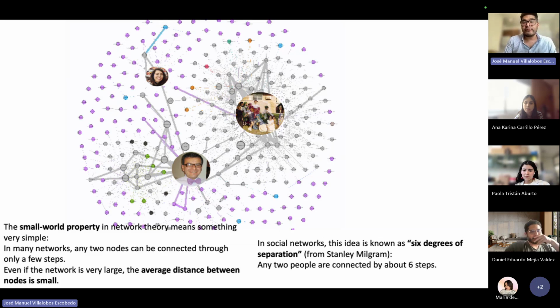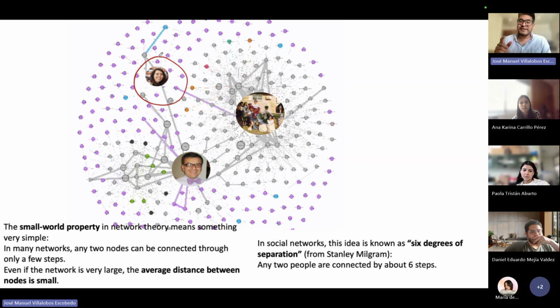And in this kind of network, you can see you are here, and maybe you are connected with this group, and also you are super connected with this group. But you can find somebody that you never knew is connected to you and is part of your network.